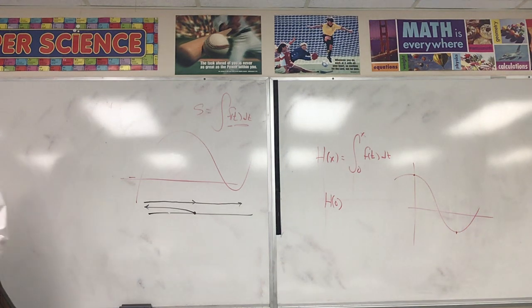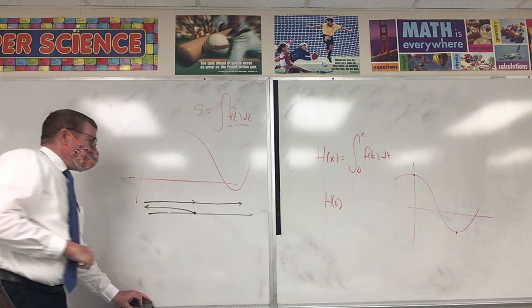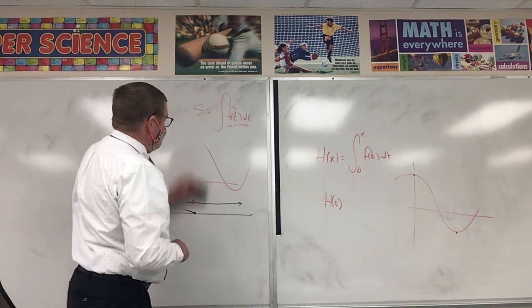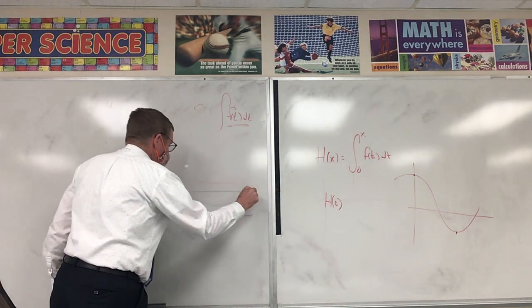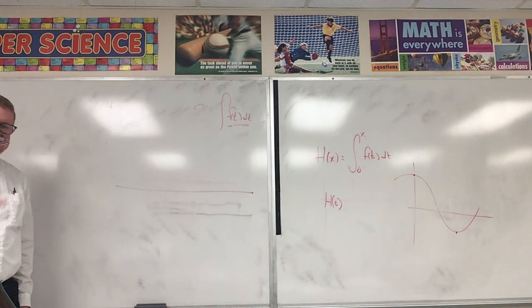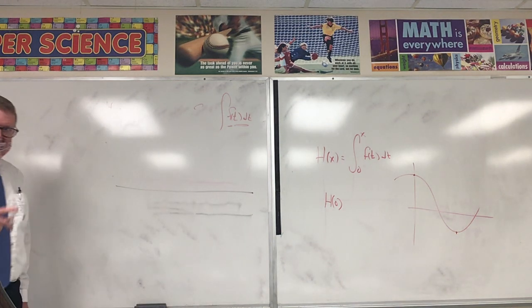From where? So from, I want to say 3 to 9, but is it 7 and 9? All right, so let's look at this.